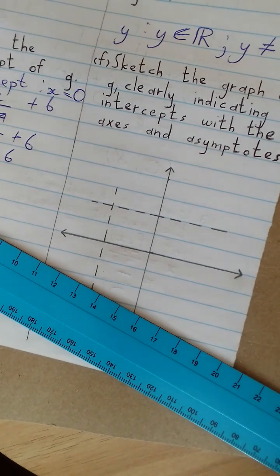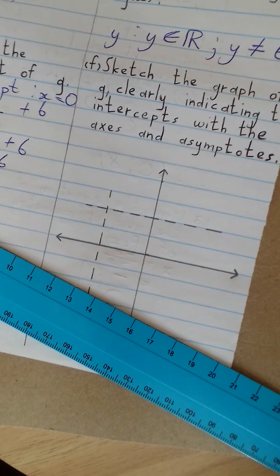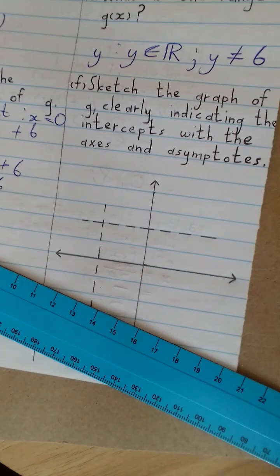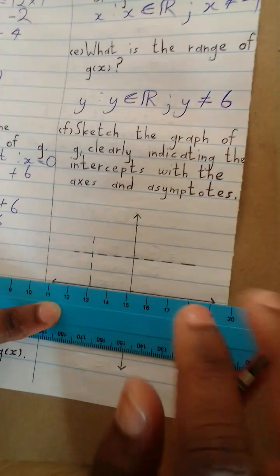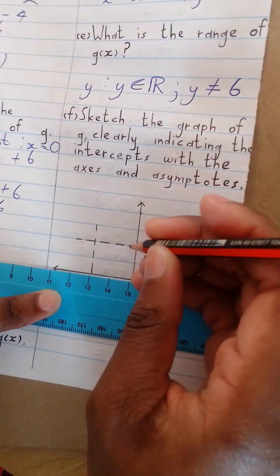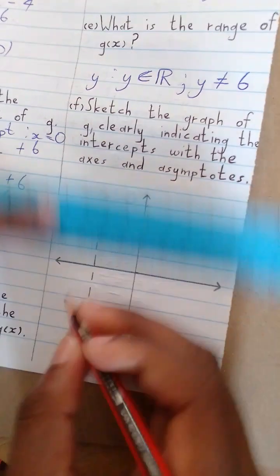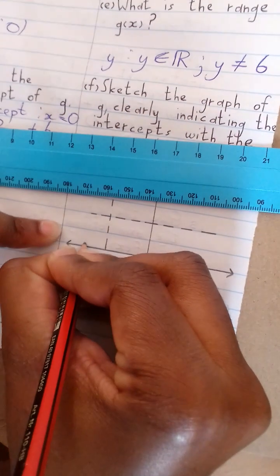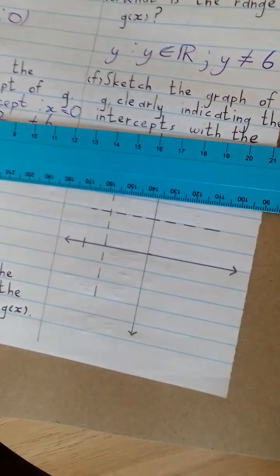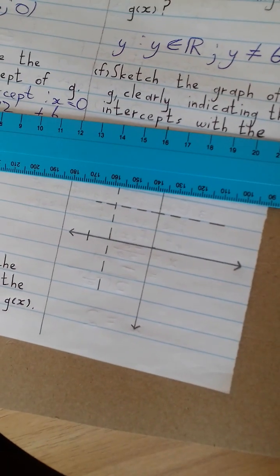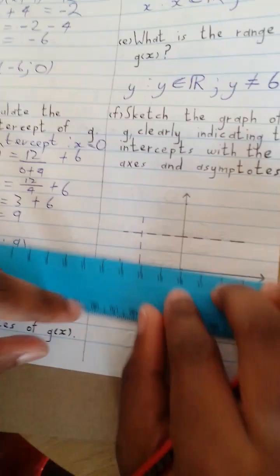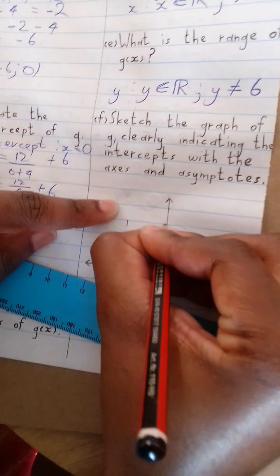And then we go to the intercepts. X at negative 6 and 0. So, somewhere here. Y at 9 and 0. So, somewhere here.